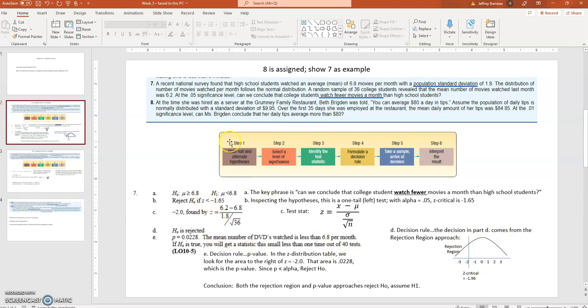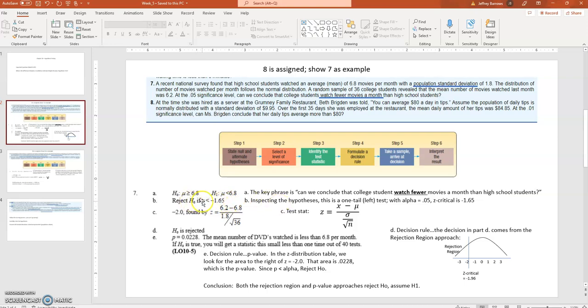So at an alpha level of 0.05, if you look at the standard normal distribution, the value that separates the bottom 5% from the upper 95% is a z-value of minus 1.65. So we're looking for the test statistic, which I'll talk about in a minute.